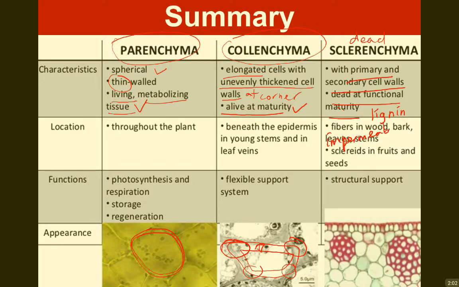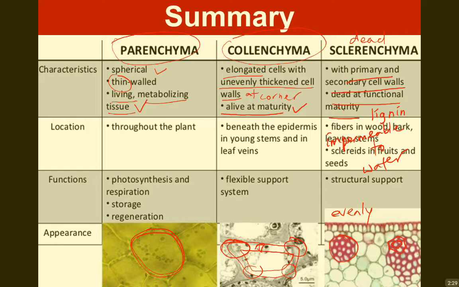So when it's impermeable to water, water cannot enter the cell, so this cell becomes dead. The cell wall is also thick. If we compare with collenchyma, the cell wall here is also thick, but it is evenly thickening. Evenly thickening cell wall.